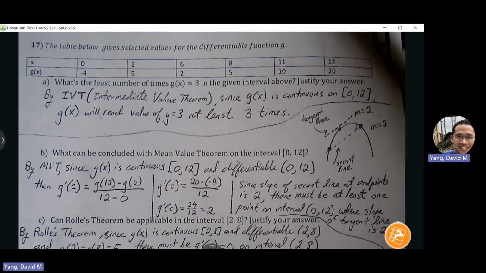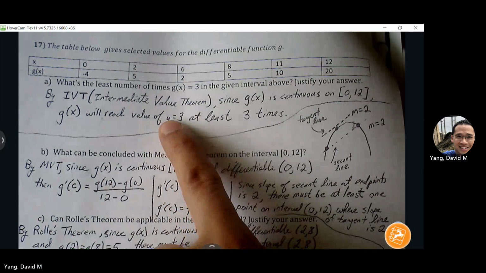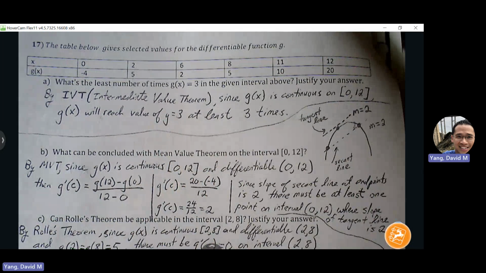So you have to say "by IVT." You don't have to, but obviously it'd be good to, because otherwise you have to explain it.